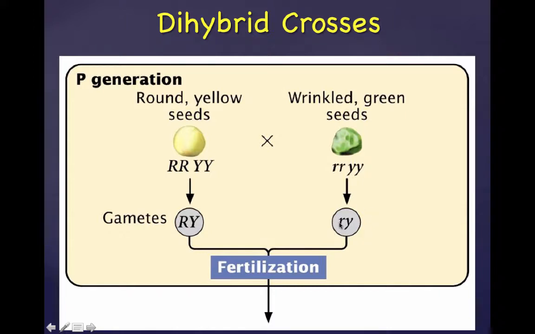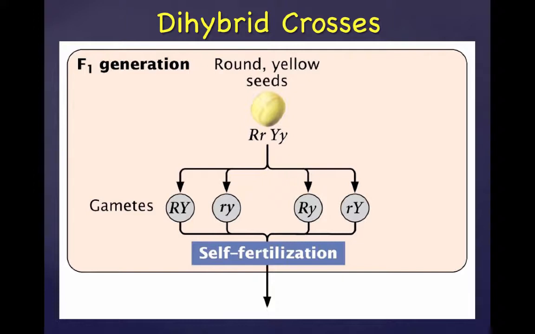And respectively, we have the lowercase alleles coming from the second parent. So that F1 generation is 100% round and yellow for the phenotype, but the genotype is 100% heterozygous, so big R, little r, big Y, little y.